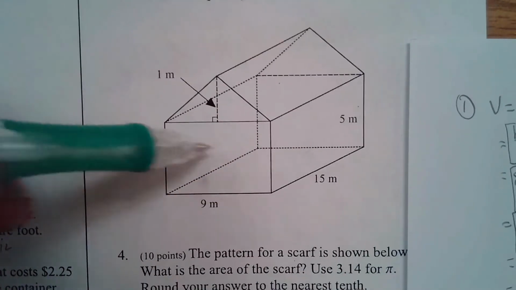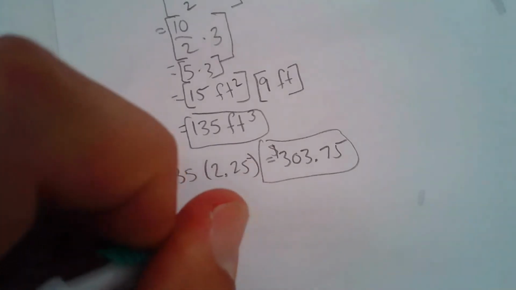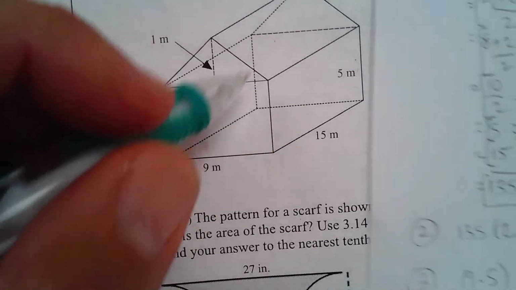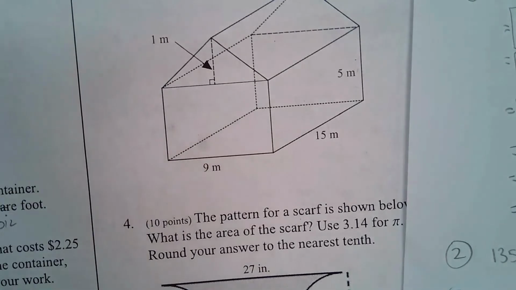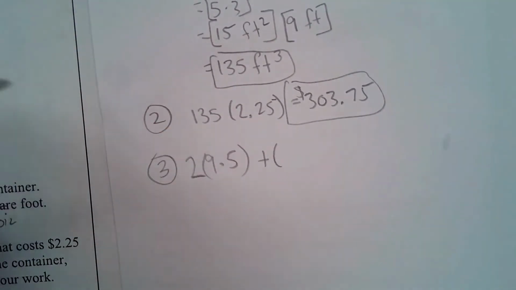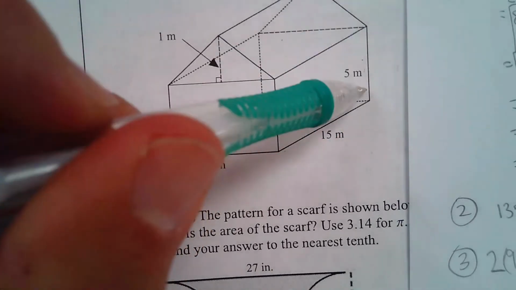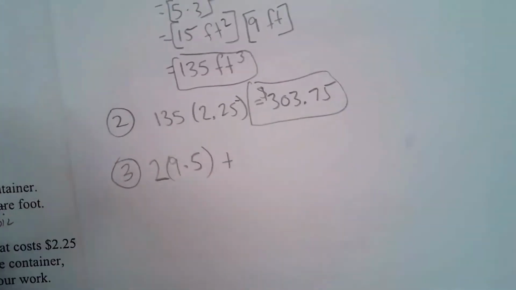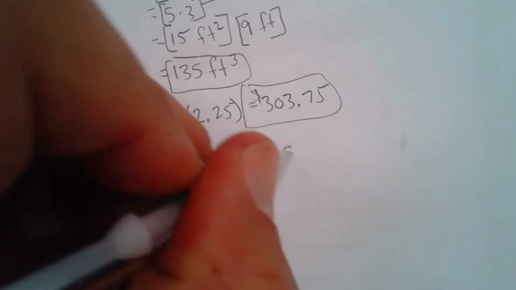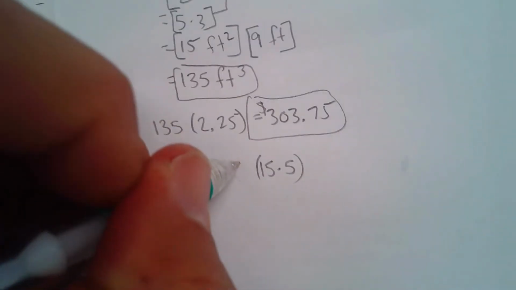We need this front here, which is 9 times 5, and there's another 9 times 5, since the front and the back are the same. So how about I just double the 9 times 5? Then there is a right side, 15 times 5, and the left side is the same area, so times 2.